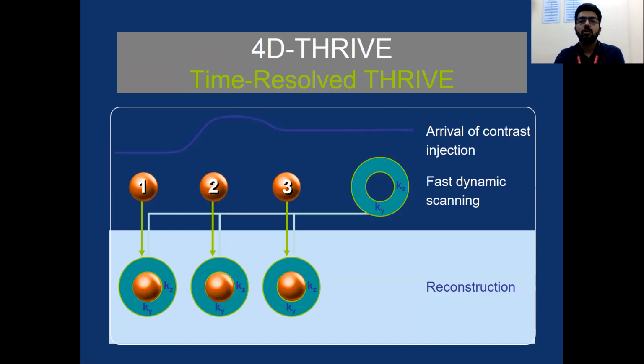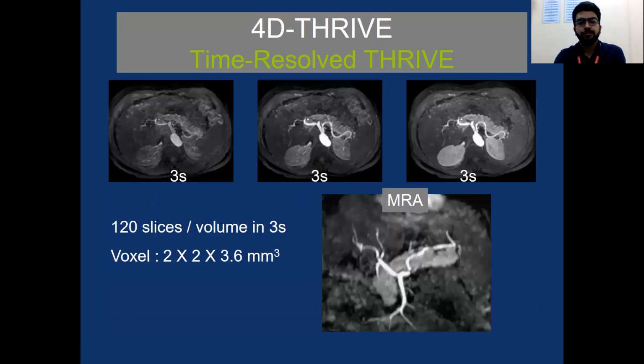These are the images that demonstrate time resolved THRIVE sequences, where we take an image every 3 seconds. The slices that we use are 120 slices, and every 3 seconds we take a volume. The voxel used in this is 2 x 2 x 3.6 mm cube.